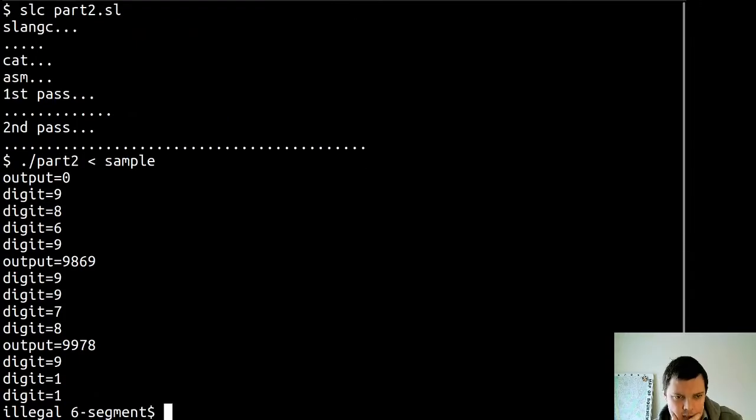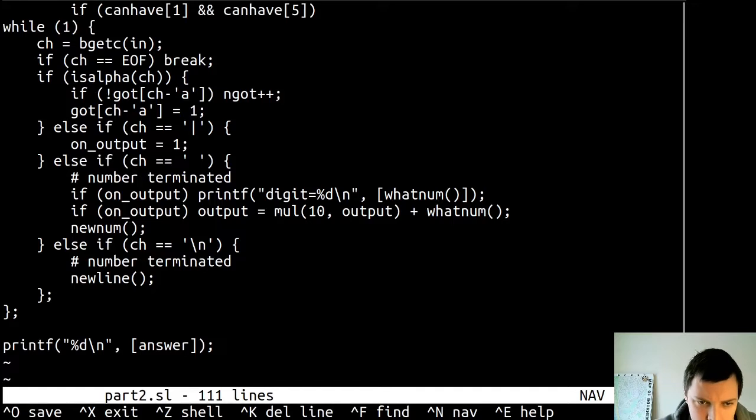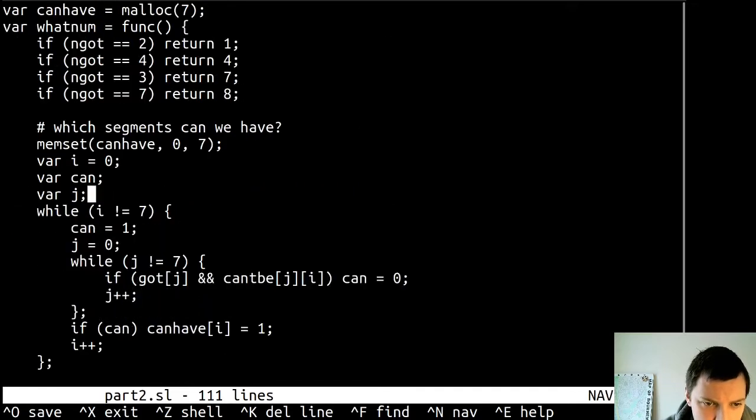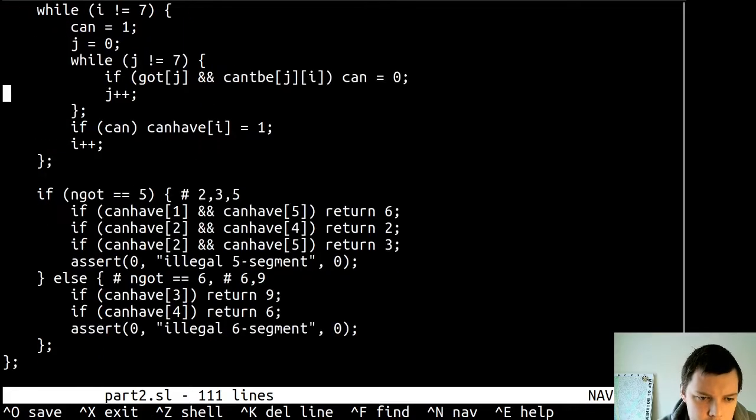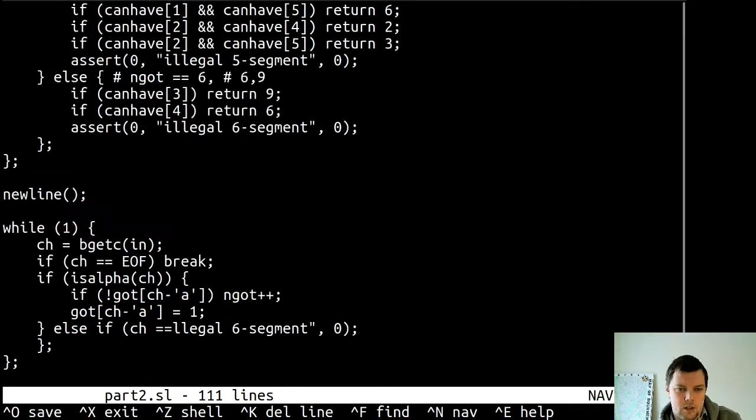Yeah, it's saying 9869, what the hell? If ngot is 7, then we just return 8. So it's saying ngot isn't 7.